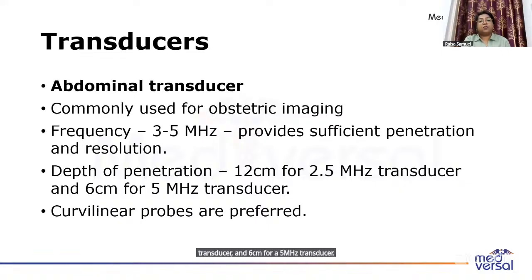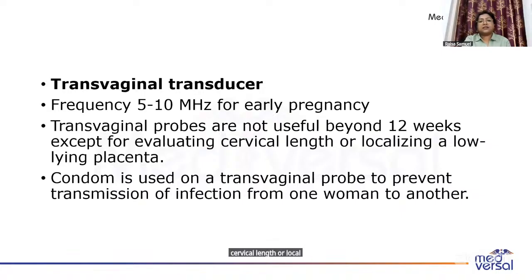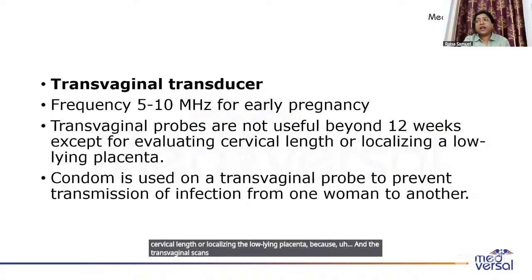So curvilinear probes are preferred. Transvaginal transducer frequency is 5 to 10 megahertz for early pregnancy. Transvaginal probes are not usually used beyond 12 weeks, except for cervical length or localizing a low-lying placenta, because transvaginal scans are usually used for gynecological cases more, and in pregnancy only up to 12 weeks.